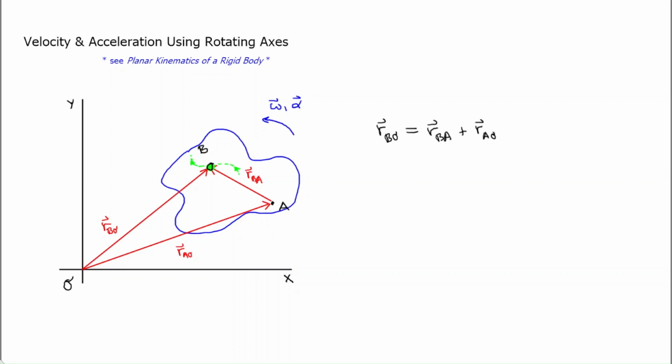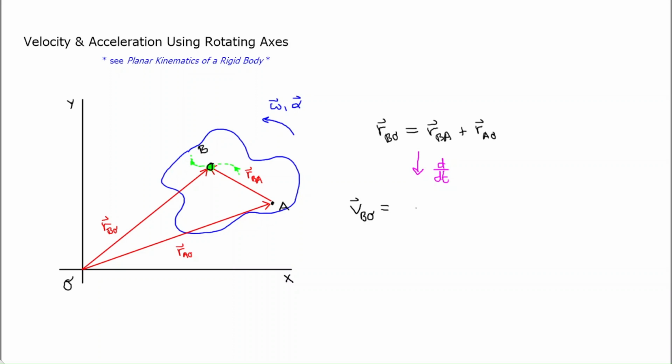Now it's going to be a little different. What we need to do to go from position to velocity is to take time derivatives. So what we're getting now is on the left side velocity BO. But here is where we run into some new things.